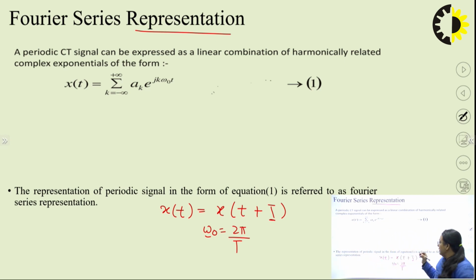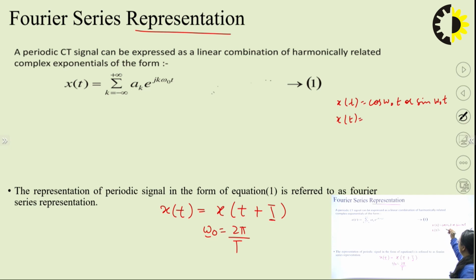One is the sinusoidal signal, x(t), which can be represented by cos omega naught t or sin omega naught t, in the form of trigonometry. Another one is the exponential periodic signal, e raised to the power j omega naught t. Here omega naught is the fundamental frequency.